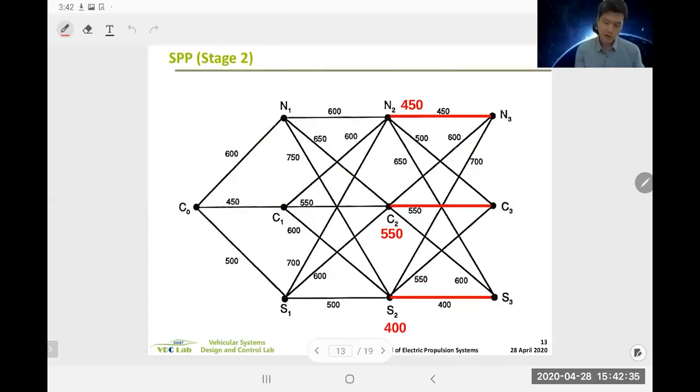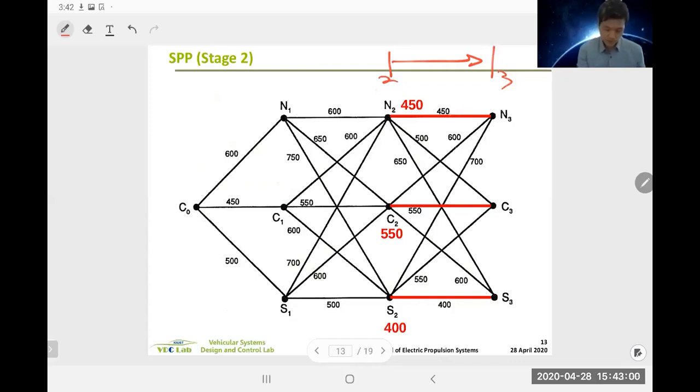Now what's happening here is that we are going to evaluate and find optimal solutions from 2 to 3. Let's solve all the subproblems.